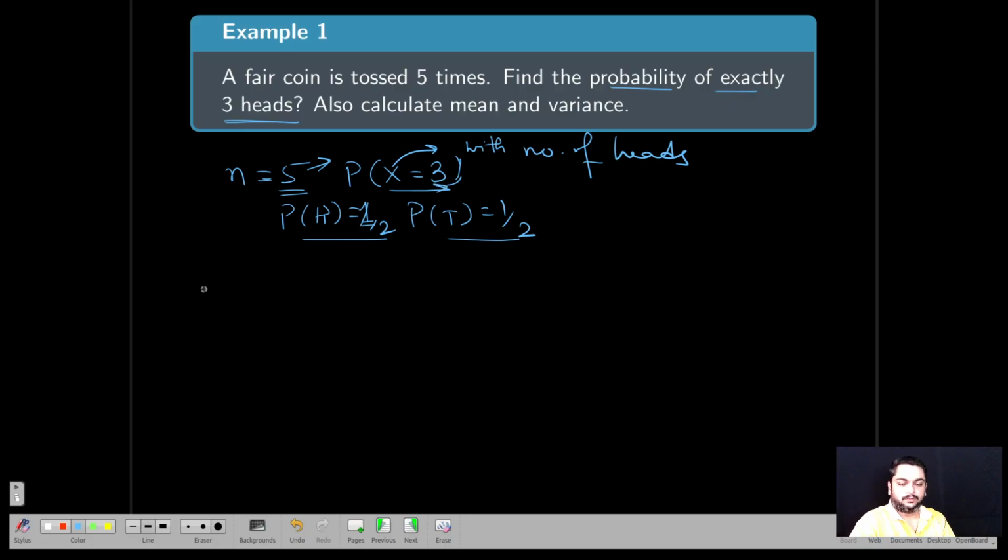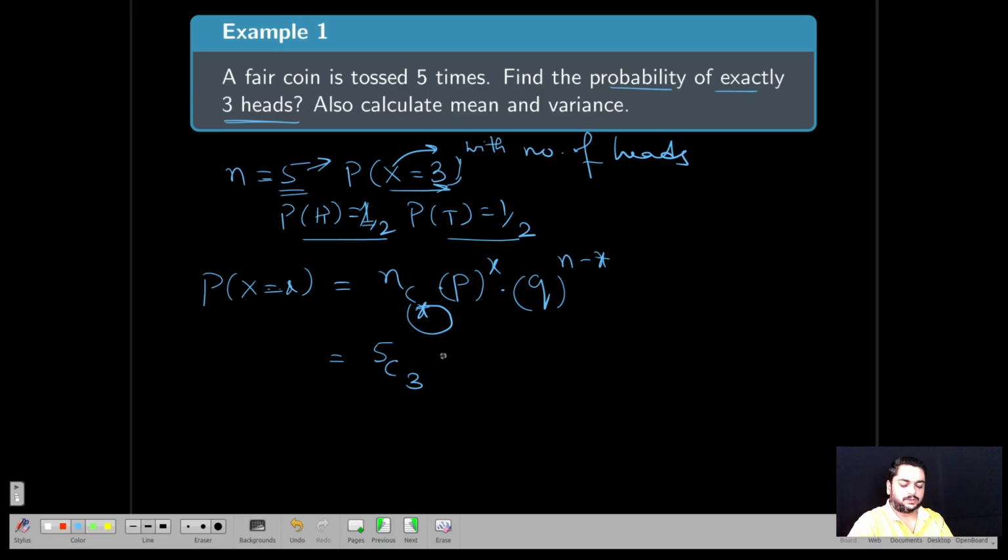How will you find it? This follows binomial distribution. So P of X equal to x is nothing but nCx into p power x into q power n minus x. P is the success probability. What is success here? Getting head is a success. Q is tail, the failure probability. If I don't get head, that's a failure; if I get head, that is a success. How many trials? 5 trials. Out of that you choose x, 3 heads have to be chosen.